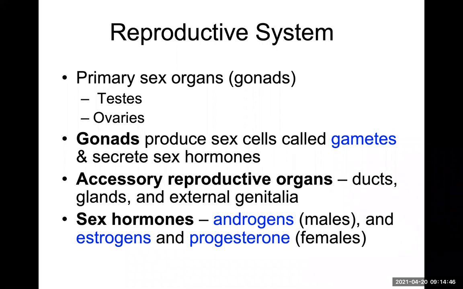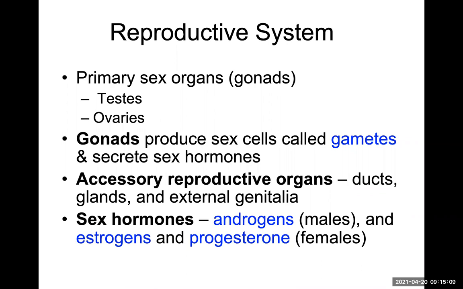And then when gametes come together from genetically opposite sexes, so if you have a sperm that is able to fertilize an egg, you have those two haploid cells coming together, fusing to create a diploid cell. And because each one of those gametes was genetically unique, the cell that they make when they fuse, of course, is going to be genetically unique as well.